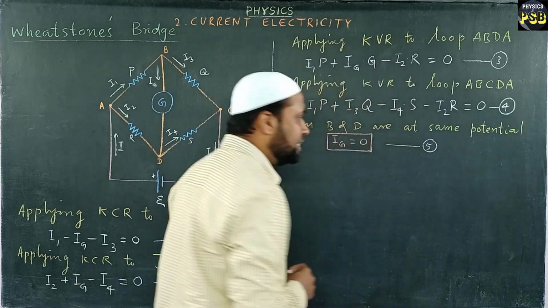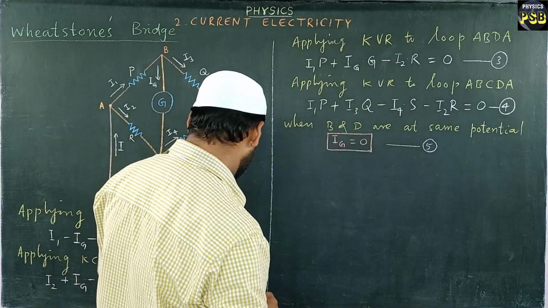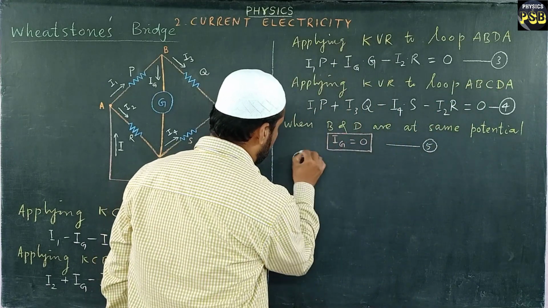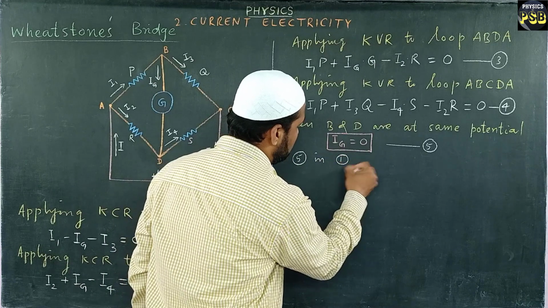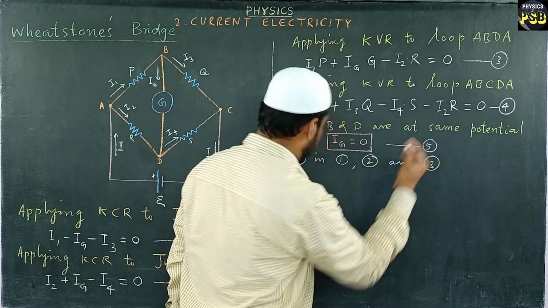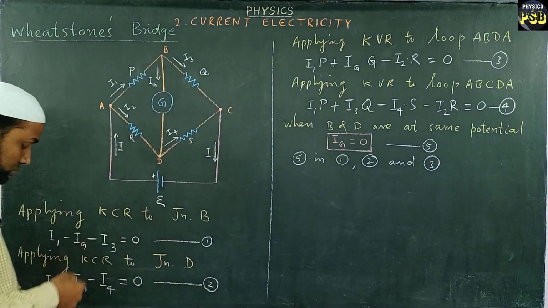Now I am going to substitute equation number 5 in equations 1, 2 and 3. If I do so, 1 will become, here Ig becomes 0.